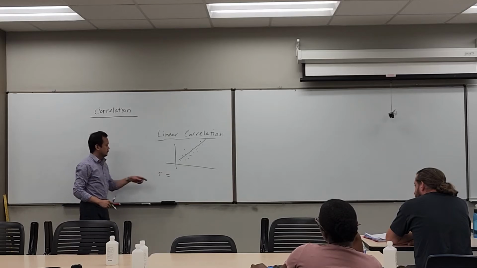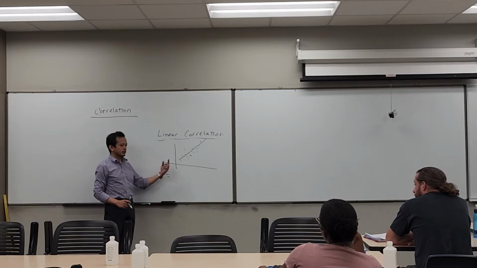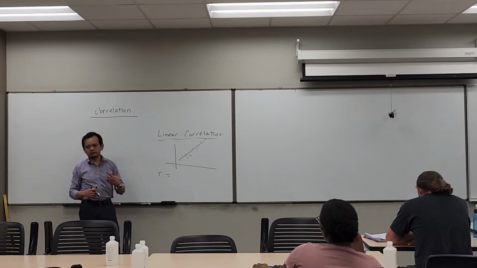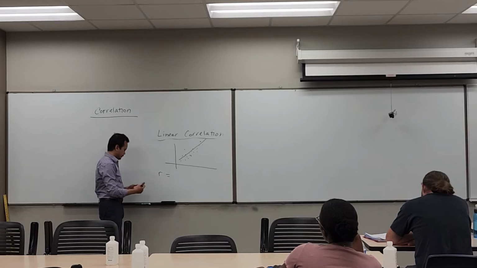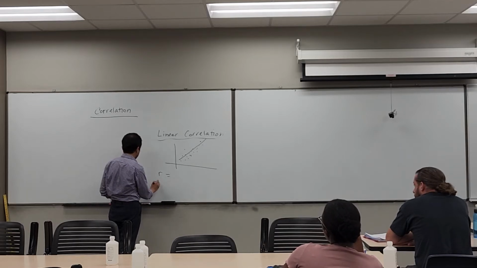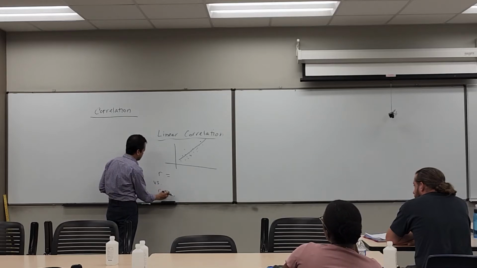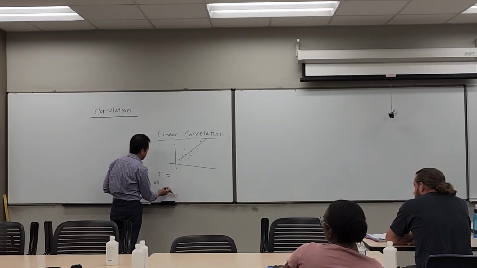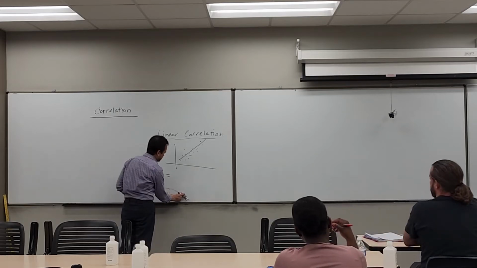If R is close enough to 1, then we say it's a line of good fit. We measure whether R is close enough to 1 by comparing R to R critical. R critical, recall, is a number that you just get from your chart. So this is from the table.